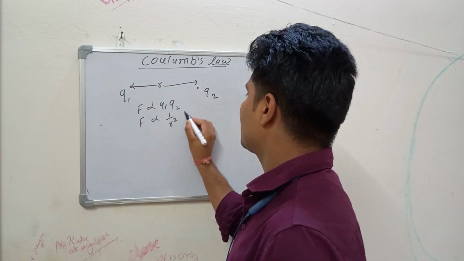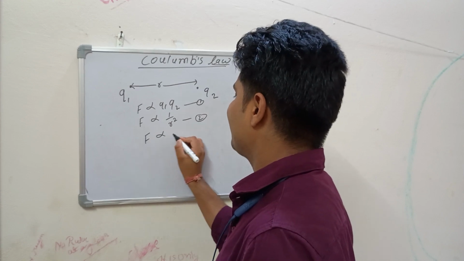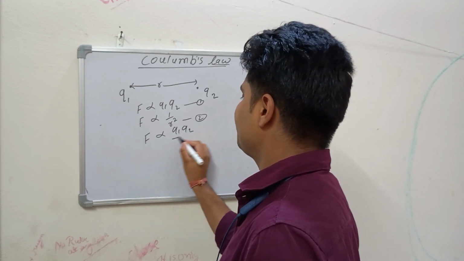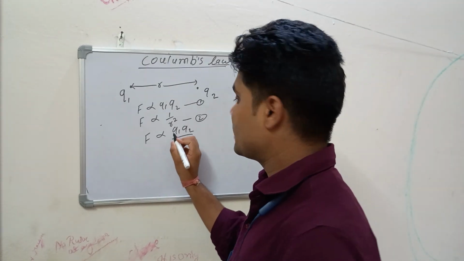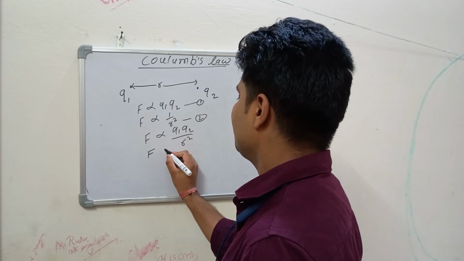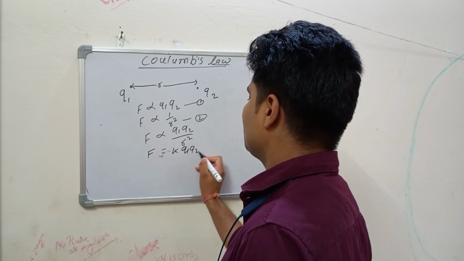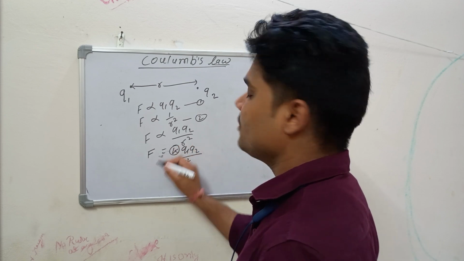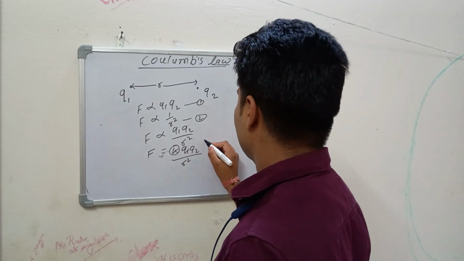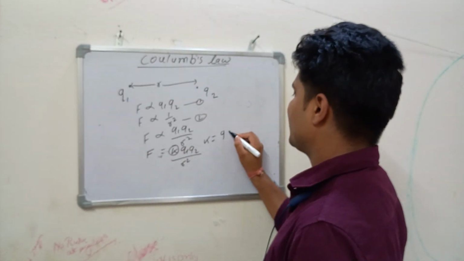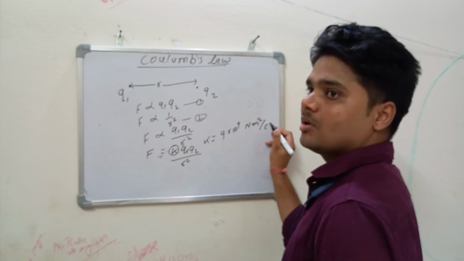If we combine both equation 1 and 2, it will become F directly equals to Q1 Q2 by r square. If we remove the proportionality sign, then it will become F equals K Q1 Q2 by r square, where K is the proportionality constant. The value of K is 9 into 10 to the power 9 Newton meter square per Coulomb square.